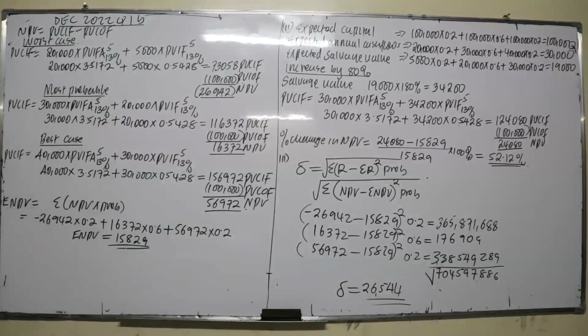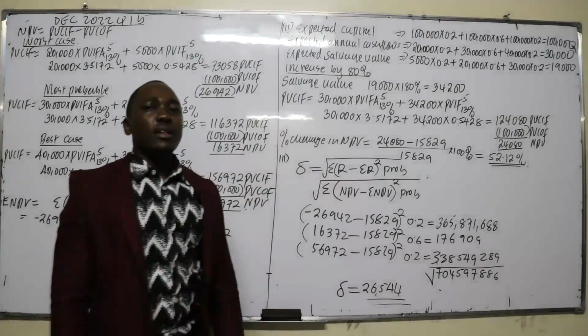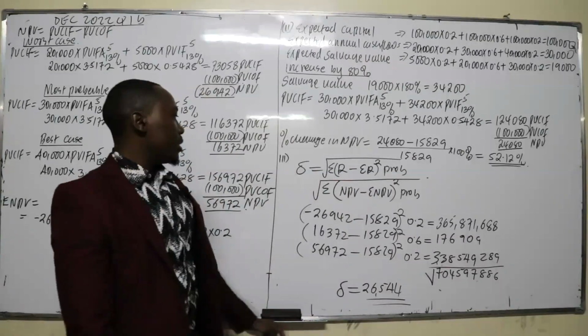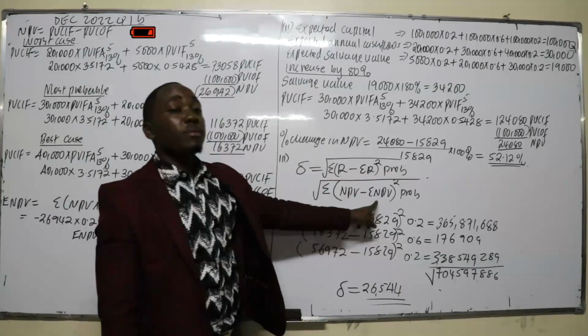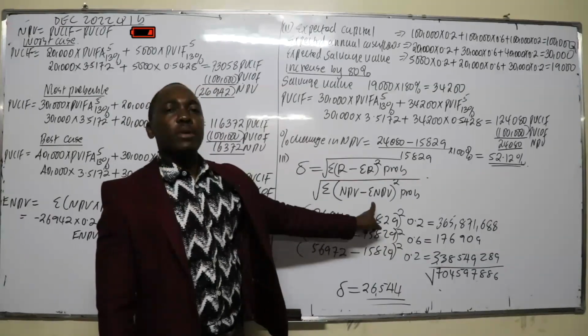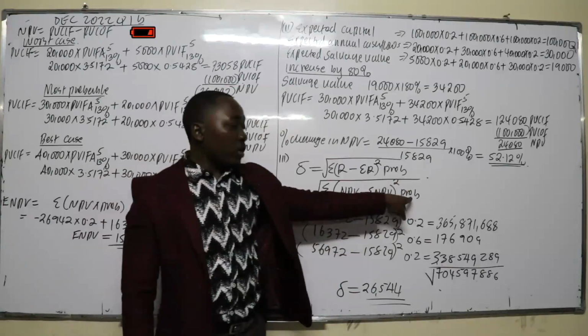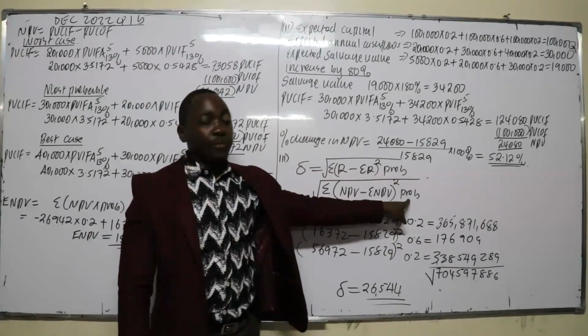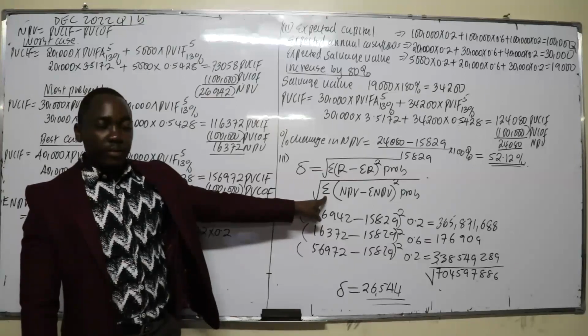Now let me explain something about the formula. This is how the formula works. NPV minus expected NPV. You see it's in bracket. You square. Then you multiply by probability. This means you add all of them. That's when you get them.